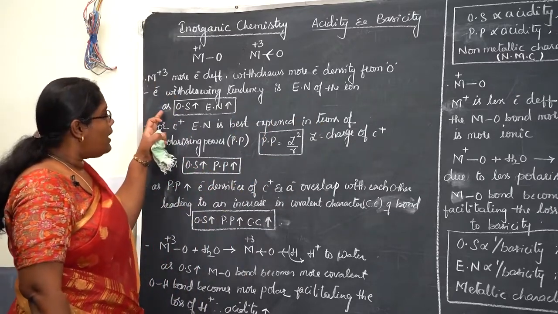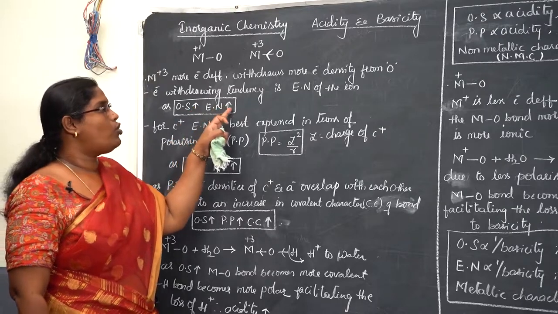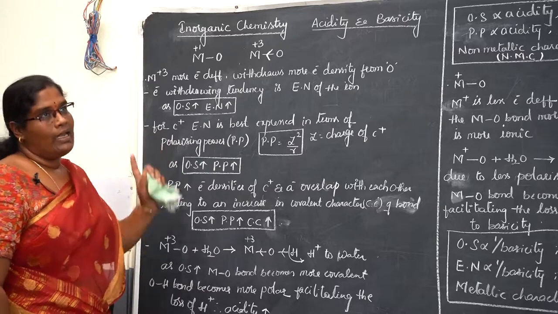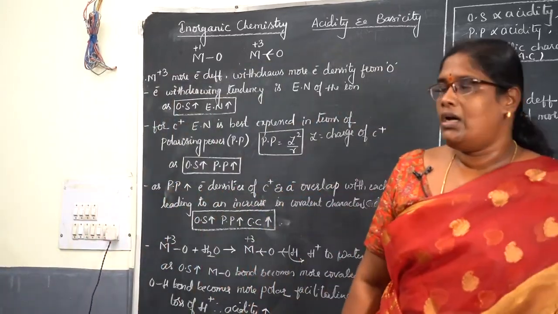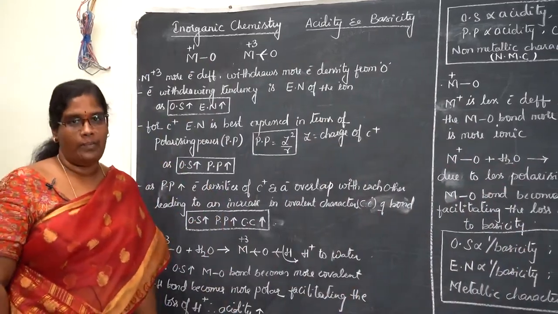Here, as oxidation state is increasing, electronegativity increases. But for a cation, instead of electronegativity, we prefer to express it in terms of polarizing power.